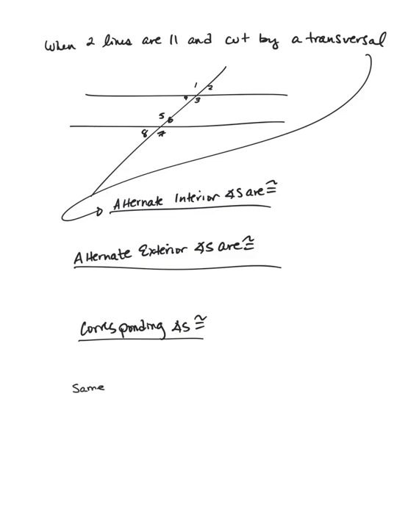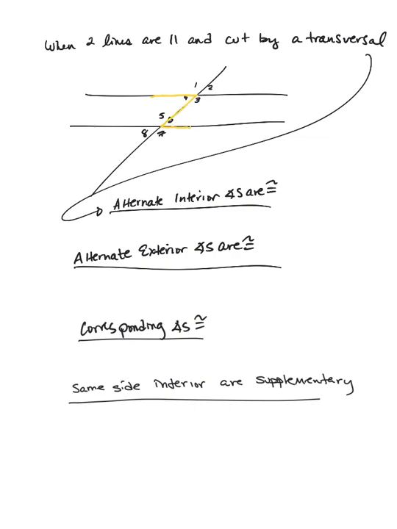Okay, and then same side interior are supplementary. There's also, of course, in this picture, there are linear pairs, there are vertical angles. They already exist here because geometry comes in layers, okay? So same side interior are supplementary. Okay, so the alternate interior angles, how you're going to recognize this is if you make a Z, okay, engulfing the 4 and the 6, angle 4 and angle 6 would be congruent when these lines are parallel.